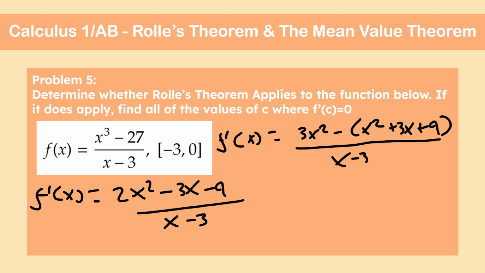So now what I'm going to do is factor. These two multiply to -18. The factors of -18 that add up to -3 will be -6 and +3.